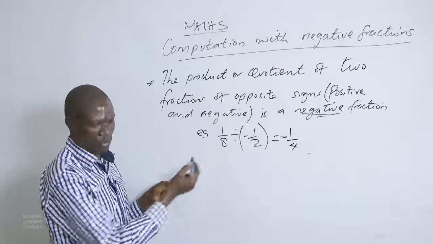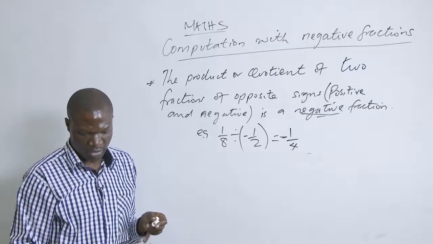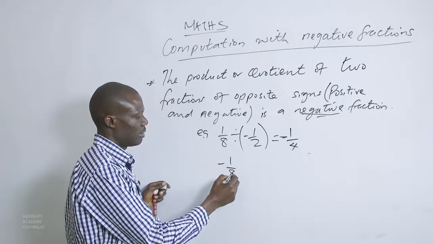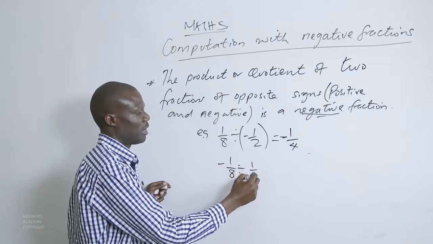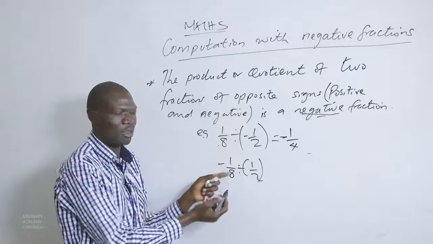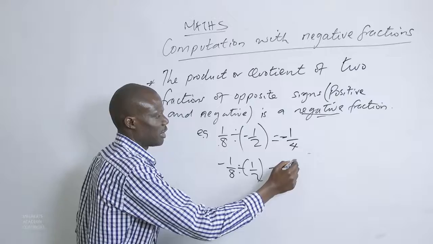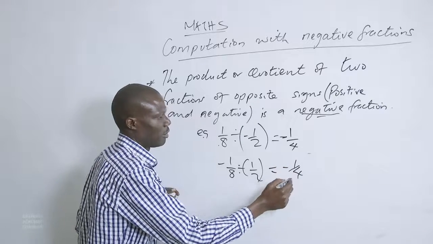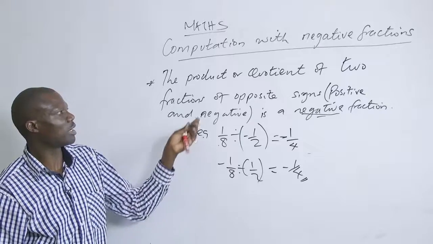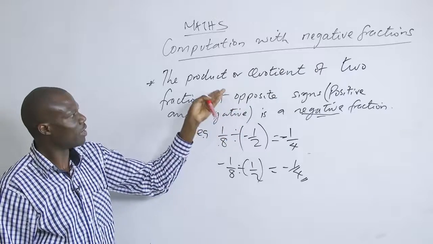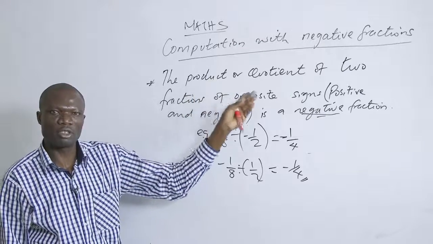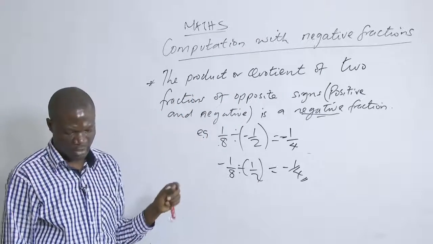If we had the other way around, for example, negative 1 over 8 divided by positive a half. So this one was positive and negative, but the second one is negative and positive. It will still give us negative 1 over 4. So that's why we are saying that it is very important that we must be able to simply evaluate any problem touching on fractions with opposite signs.